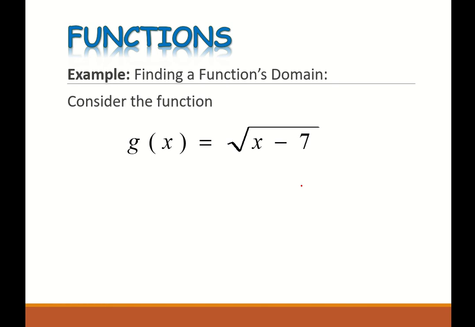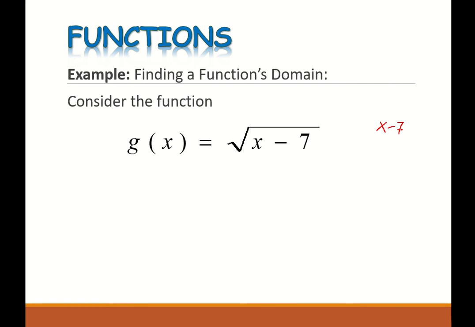To determine this, we have to equate or solve for the value of x here. So x minus 7, x should not be, what do you think? If x is equal to 7, that becomes 0, so we can still get the square root of 0, which is 0.